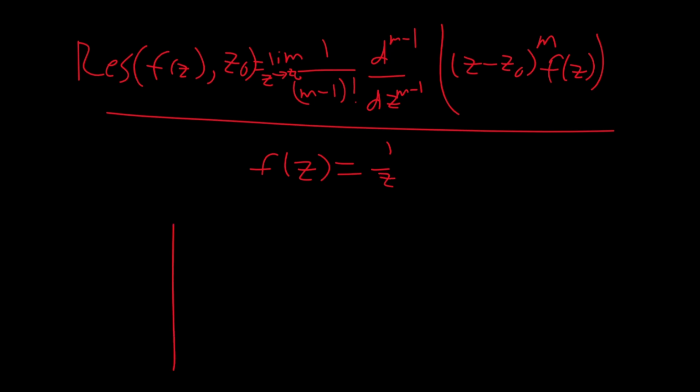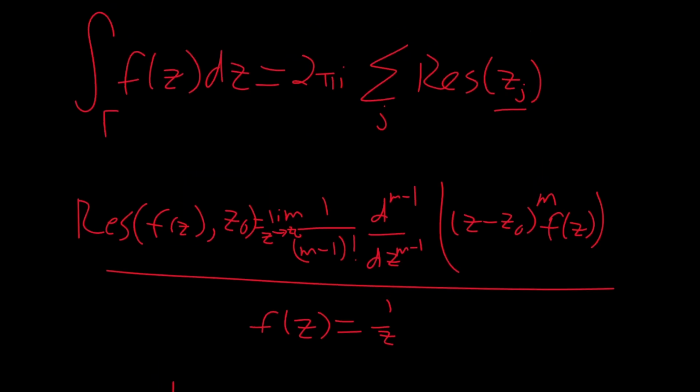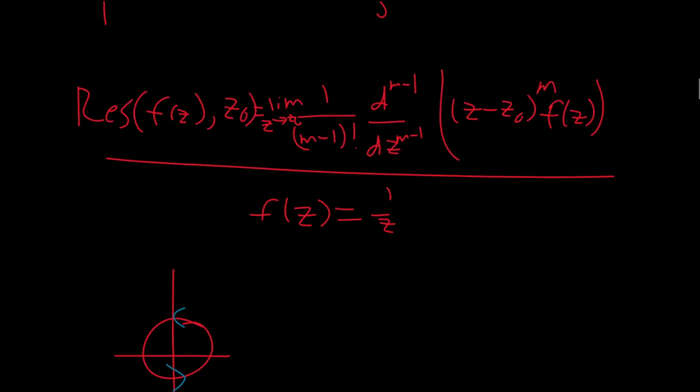This function is analytic, this is a simply connected domain, at least around that pole, and essentially the residue theorem does apply in this case. Note that we are integrating counterclockwise whenever this residue theorem is used. If you're going clockwise, you'd add a negative right there.